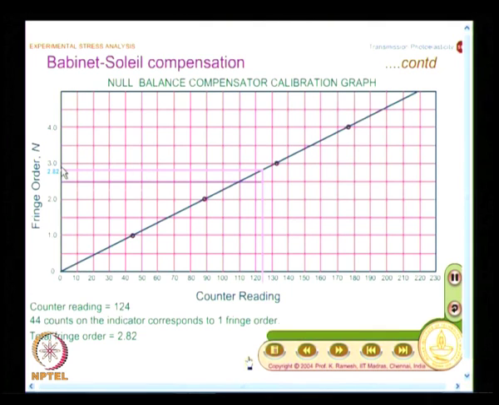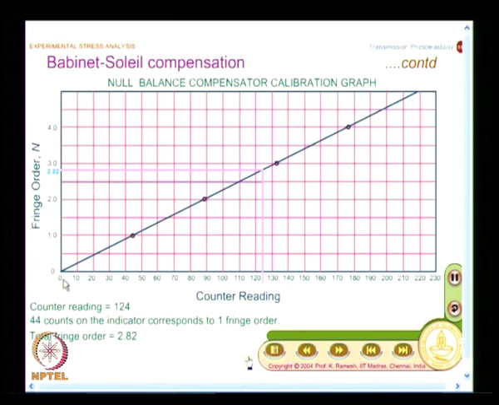I get this fringe order as 2.82. This is far more accurate than finding it by plotting your own graph, and here I do not need to plot a graph. I have the calibration done just by noting the counter reading.